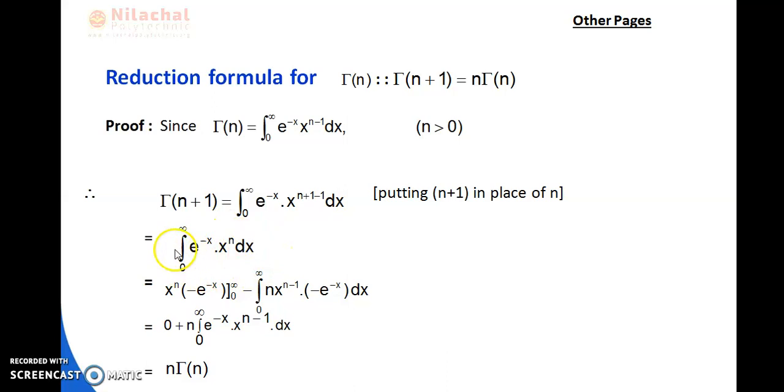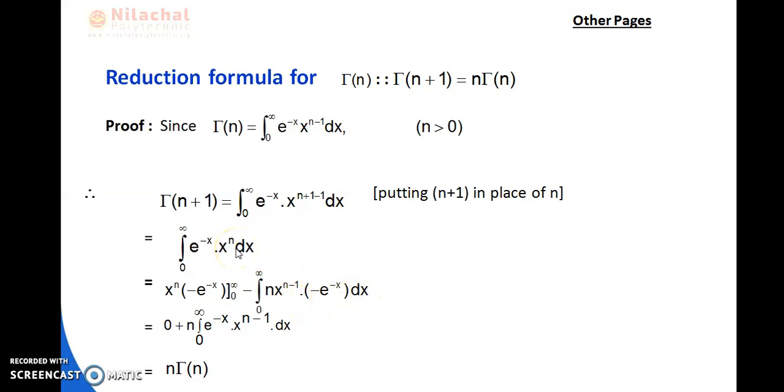Now we can see this is an integration of two functions in multiplication, so we have to go for integration by parts. The by parts method means the integration of u into v. So the formula is u times the integration of v, minus the whole integration of the derivative of u into the integration of v dx.